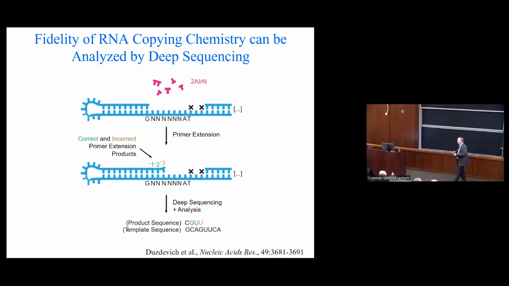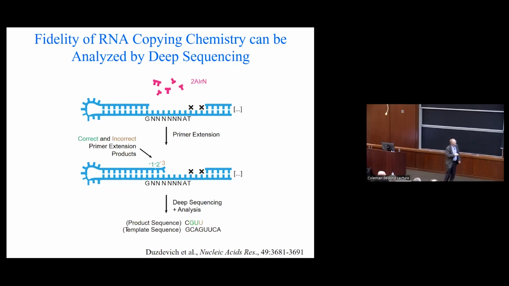That way we get to see on every possible template, every possible product, all possible errors, the context in which the errors happen. And it's giving us a lot of insight into how to do the copying more accurately and to get more efficient copying overall.